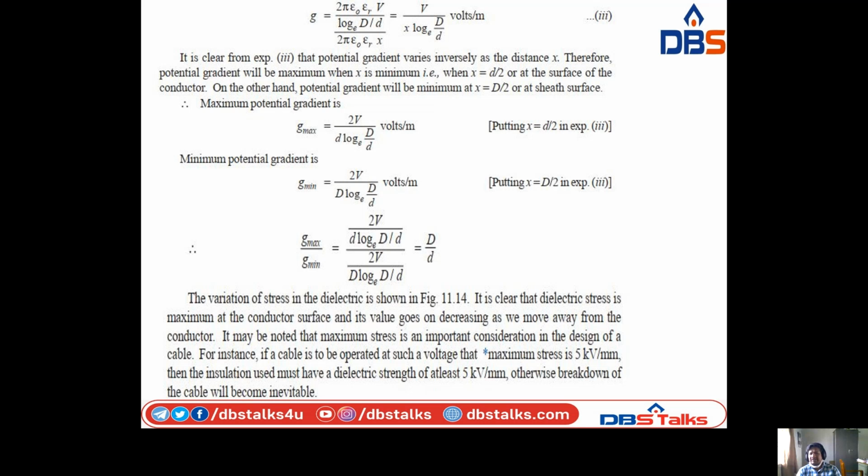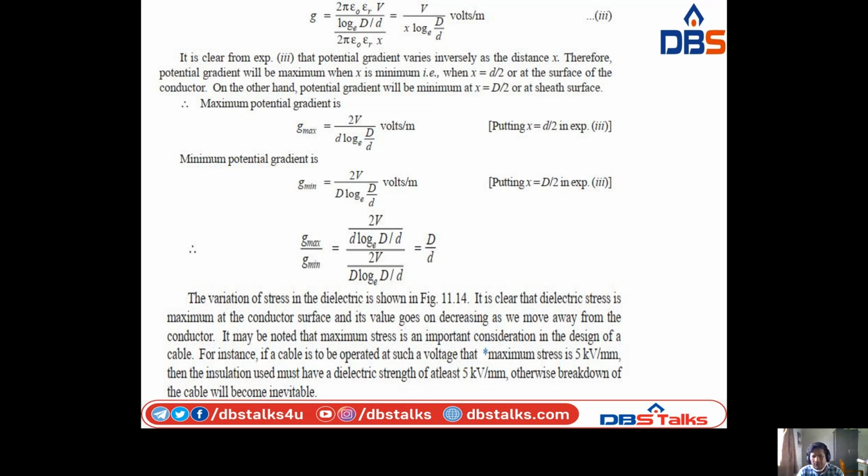On the other hand, the potential gradient will be minimum at the lead sheath surface, right? So at the center of the cable, the potential gradient is maximum.